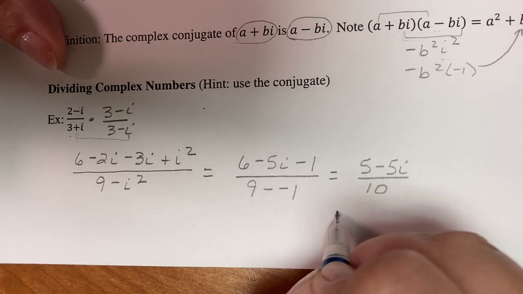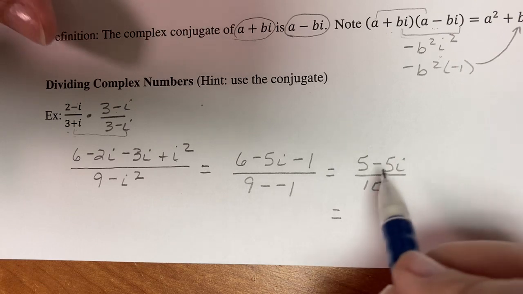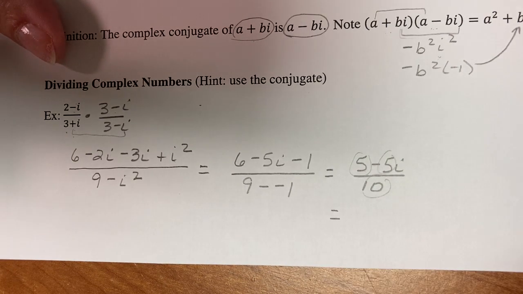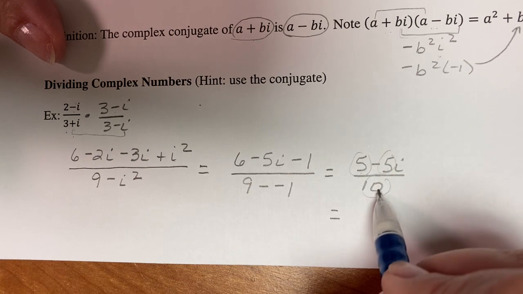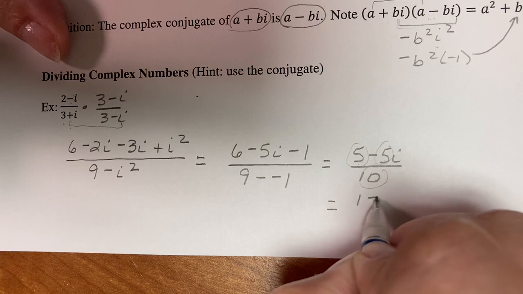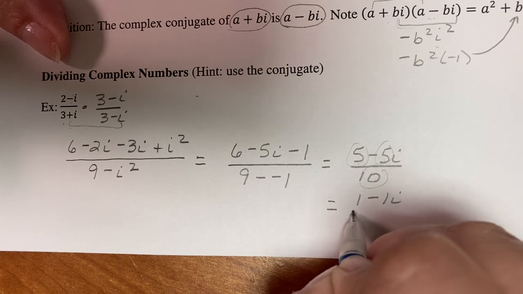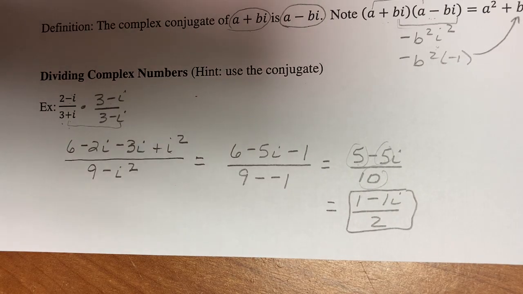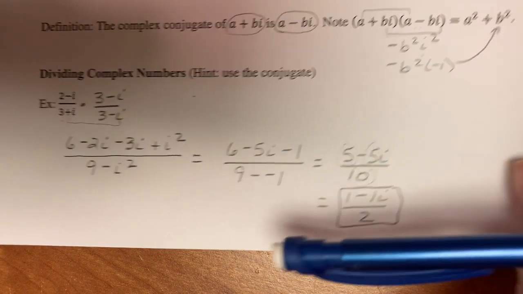And then the very last thing you can do is divide a 5 out of all 3 of these parts. As long as it goes into all 3 of them, you can divide it out. So that's going to give me 1 minus 1i all over 2. And there's your final answer for that division problem.